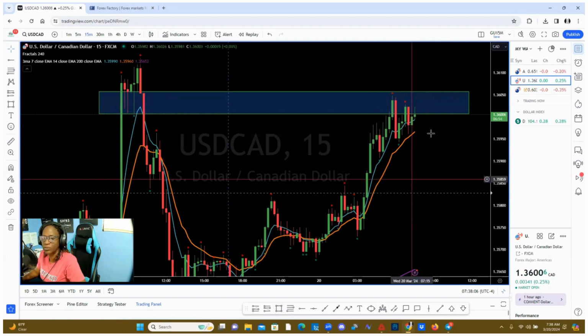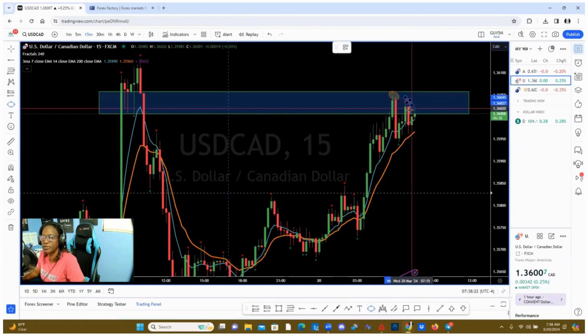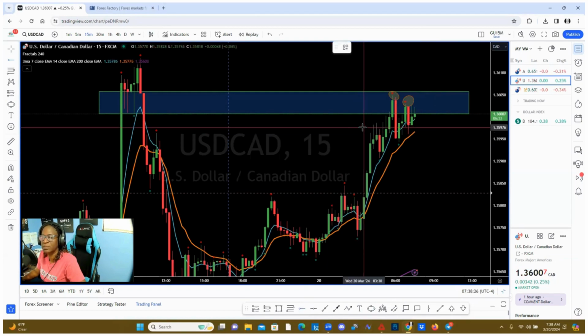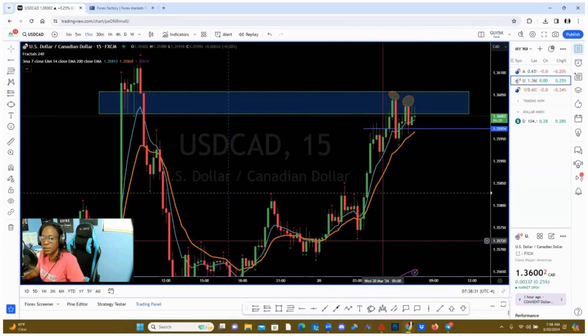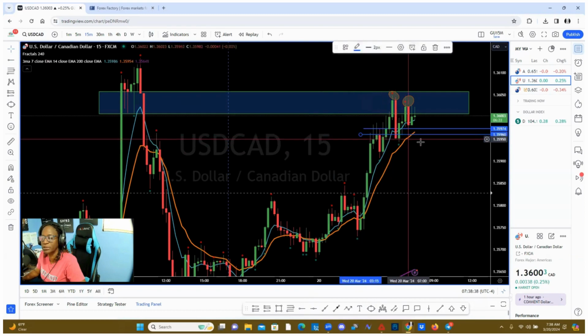The good thing is that we've got two rejections. We're seeing price rejecting this area two times. What I don't like is that we're still in this little area of resistance, now offering support, really good support.